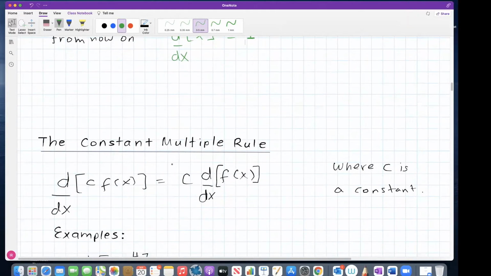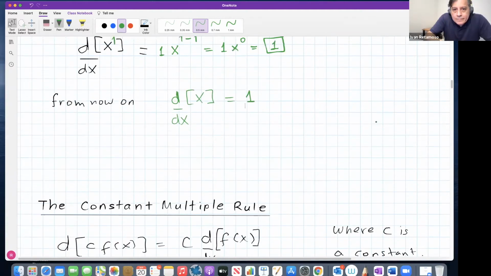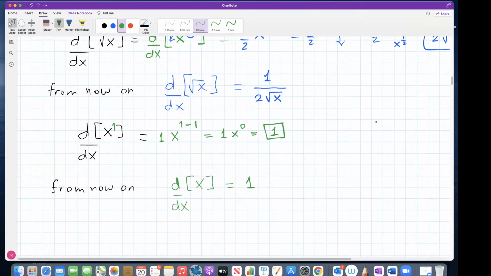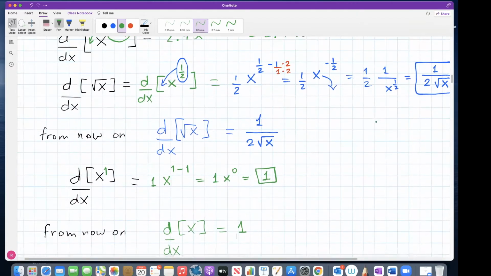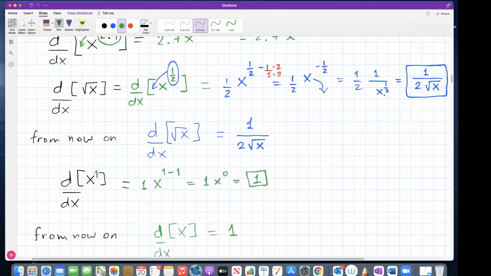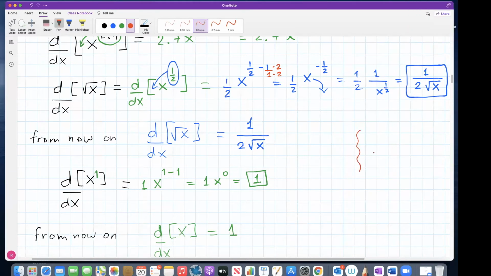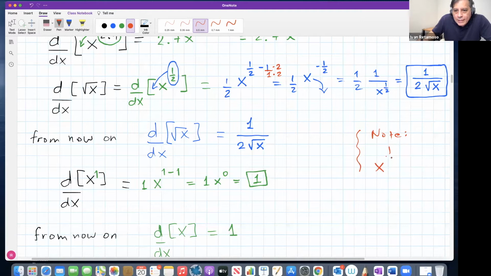Professor? Yeah, go ahead. I'm sorry, just a question. Sure. When you did x to the 1 over 2 and then made that into 2 square root x, I remember that usually the 2 is a small 2 on the corner of the square root. Let's see, you're talking about x raised to 1/2, right?